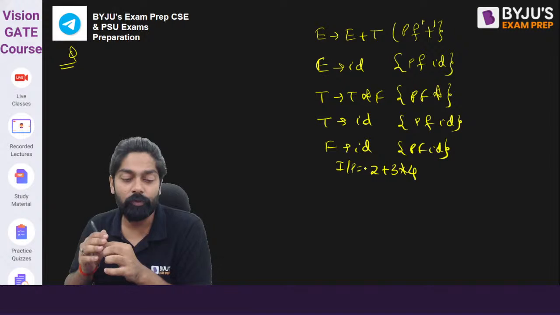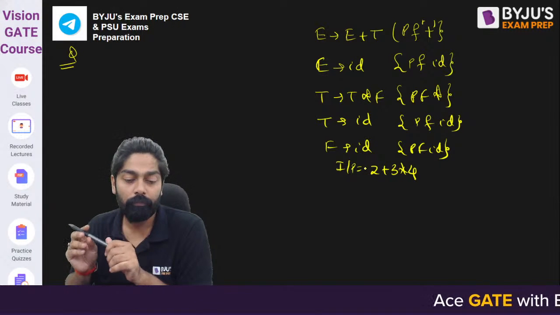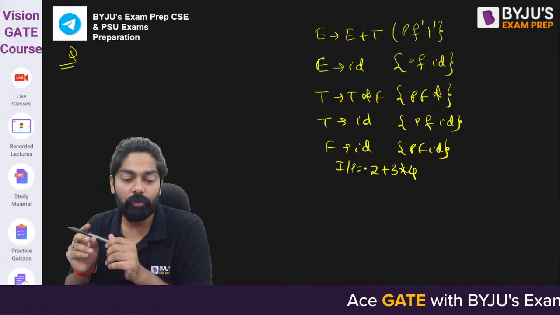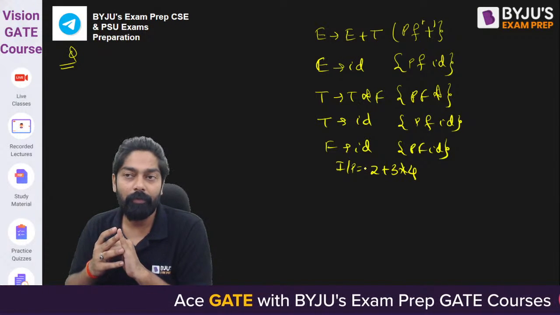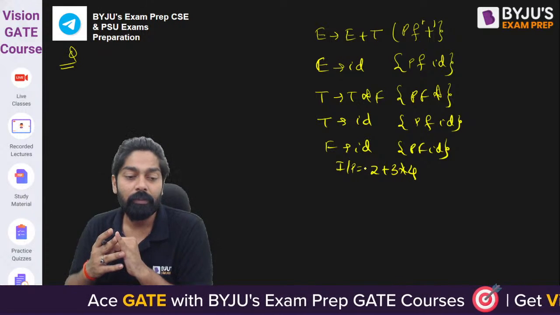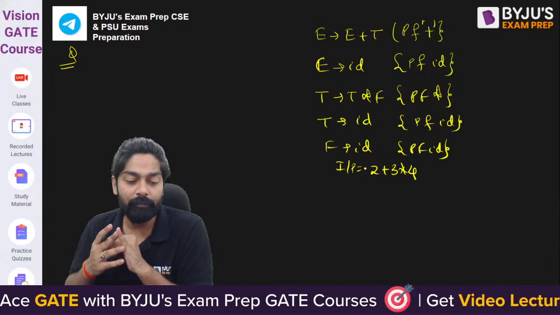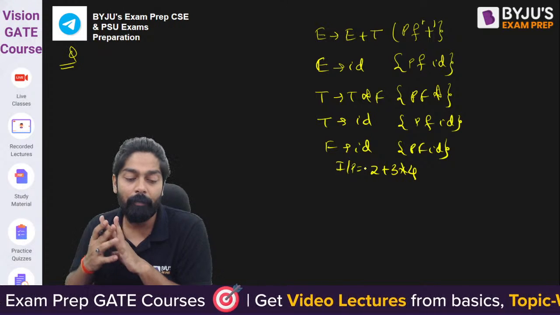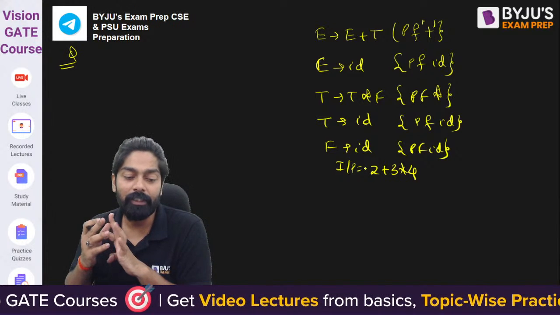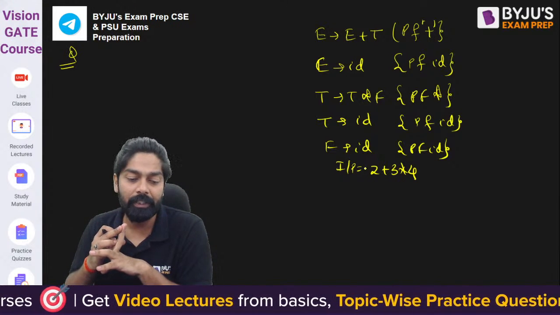There are so many questions, more than this I think, on SDT. If you see, we have binary to decimal conversion. Fine. We have fractional binary to decimal conversion. We have SDT for intermediate code representation, SDT for abstract syntax tree representation. All are there.